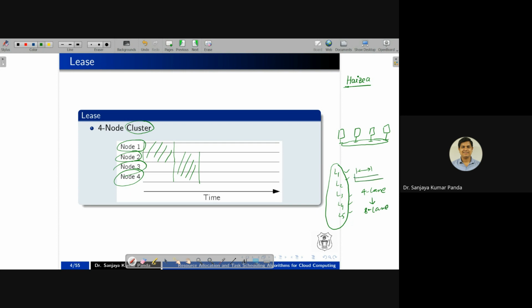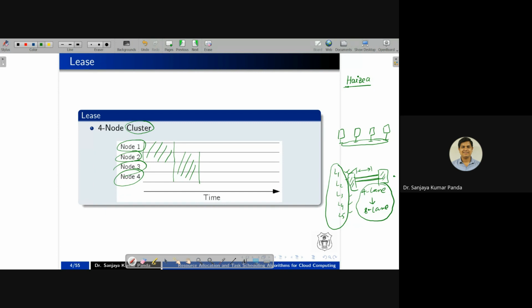The construction of a bridge has more importance because both areas are disconnected. If a bridge can be constructed, then we can connect these two parts. So in comparison to extending a 4 lane road to an 8 lane road, the bridge has more importance. So every lease has some kind of priority.